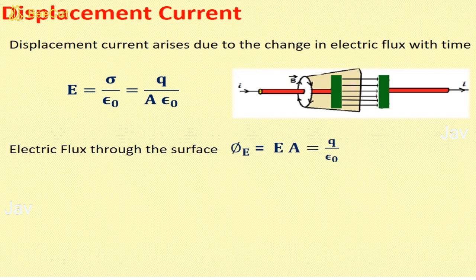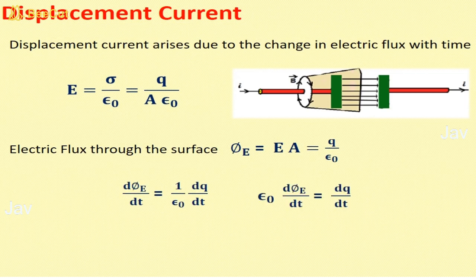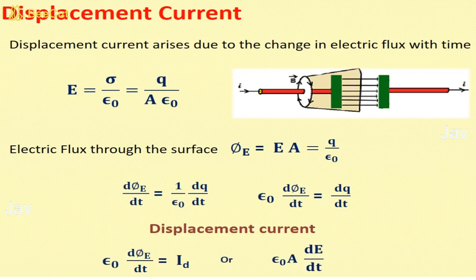Therefore, the rate of change of flux with time, d by dt of phi E, is equal to 1 by epsilon 0 dq by dt, or epsilon 0 d by dt of phi E is equal to dq by dt, where dq by dt is the current. So displacement current is given by epsilon 0 d by dt of phi E, or it can also be expressed as epsilon 0 A d by dt of E.